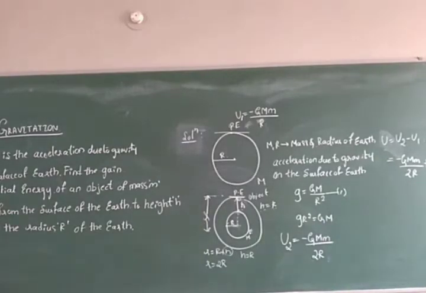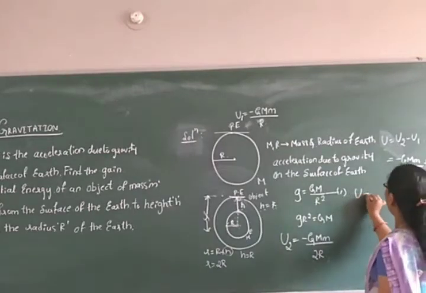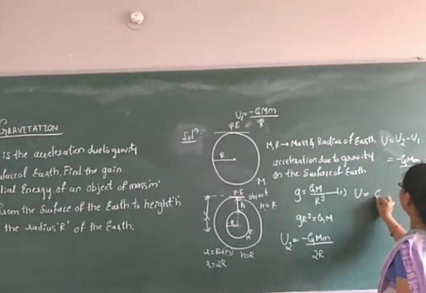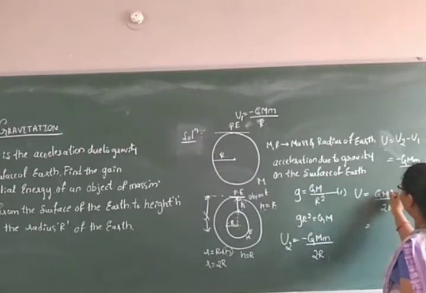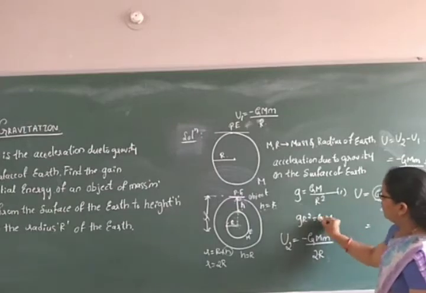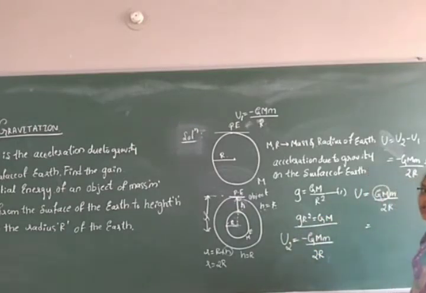So we will get total potential energy, that is G M m by 2R here, right? Now, G M value we already know here. What is this? Acceleration due to gravity on the surface of the earth, g R square.